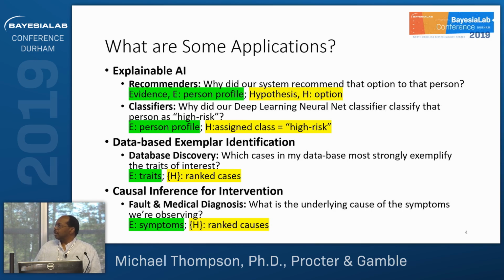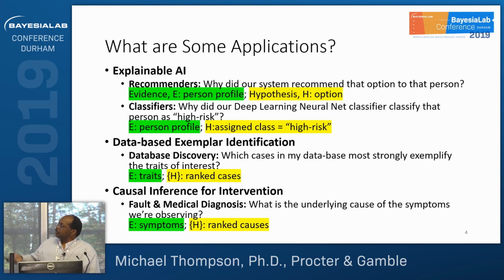And finally, for causal inference, intervention, fault diagnosis and medical diagnosis, if you have a causal Bayesian network, you'd like to know exactly what the most likely diseases or faults are that explain the symptoms that you observe.